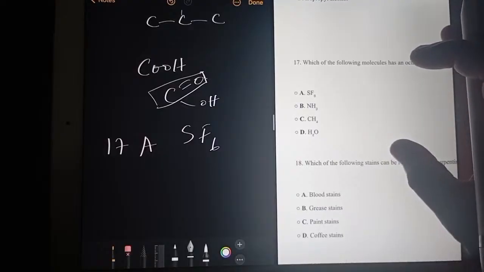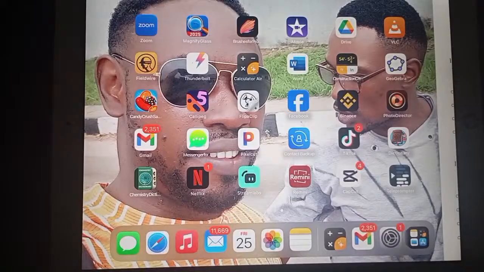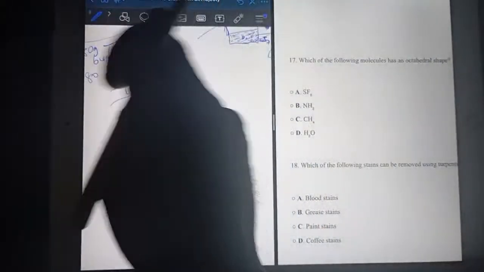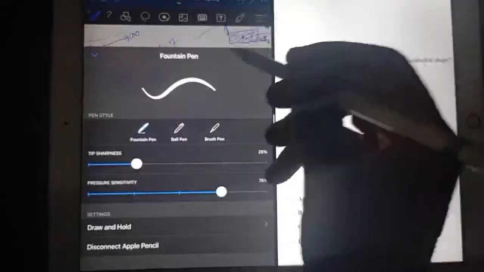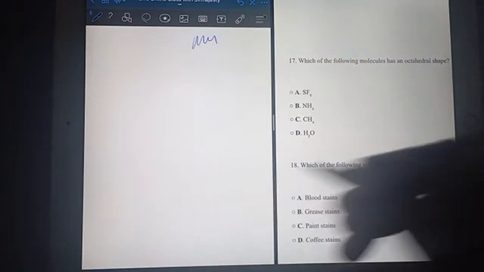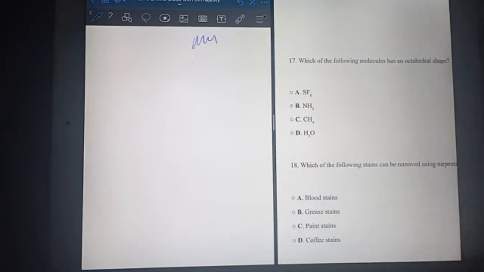It is octahedral in shape. Then remember, most of the alkane family, when the name ends in "ane", like ethane or propane, are tetrahedral.